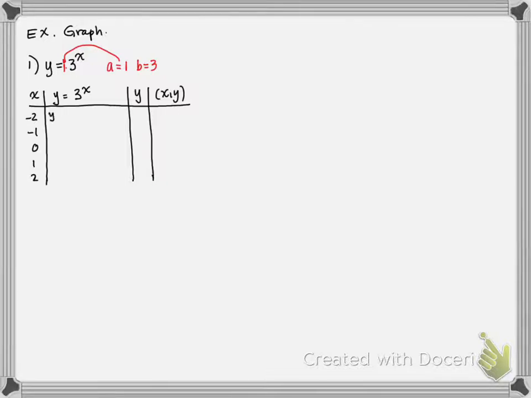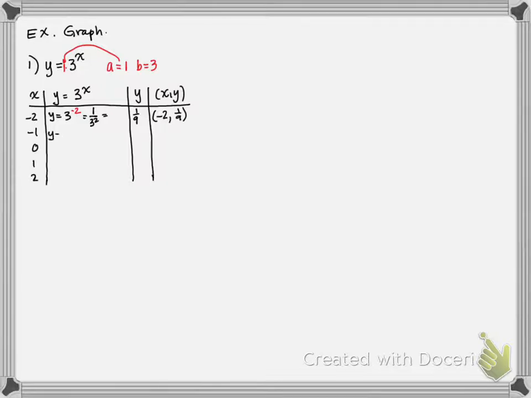So I'm going to get y equals 3 to the -2 power. So a negative exponent just means that I'm going to write it 1 over. So I'm going to do reciprocal, and then I do the math, and I get 1/9. So here's the weird part, is you might be graphing some fractions, so it's just going to be a little bit of an estimation.